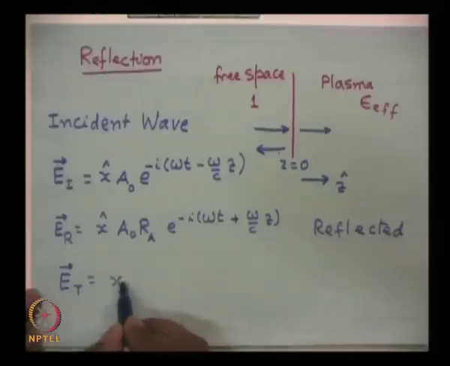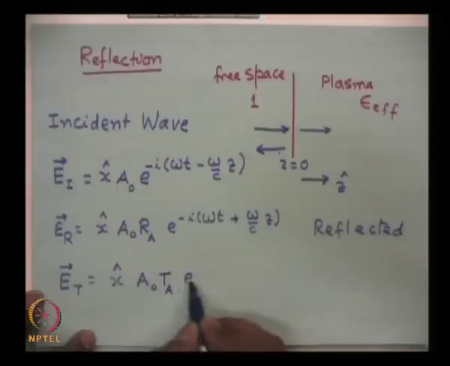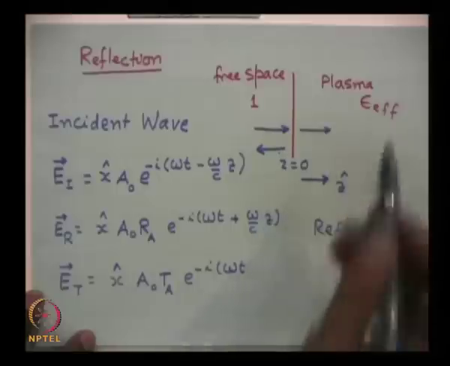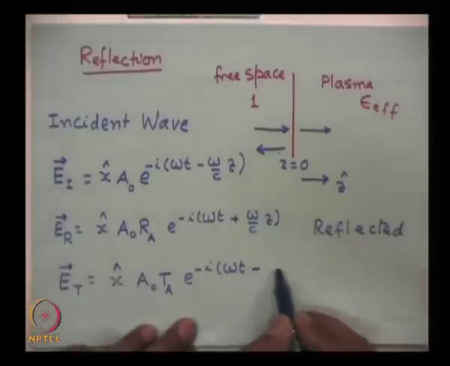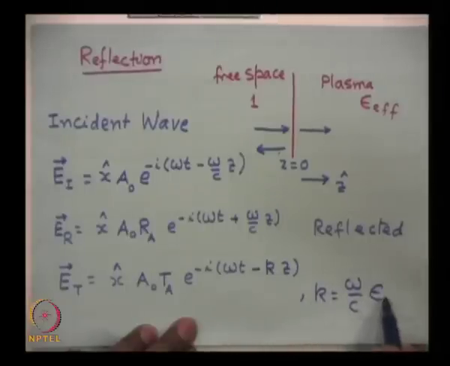Again, it should have the same polarization to satisfy the boundary conditions. Let the amplitude be A0 into Ta, the transmitted amplitude, exponential minus i omega t. The wave will have a different k vector here. Suppose it is k z, where k is omega by c epsilon effective to the power half.